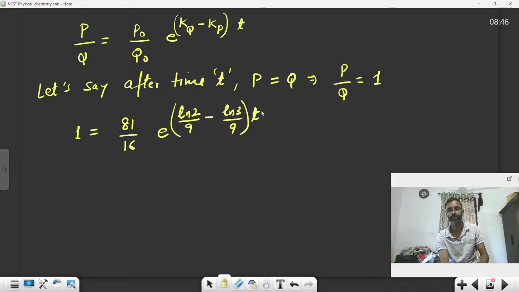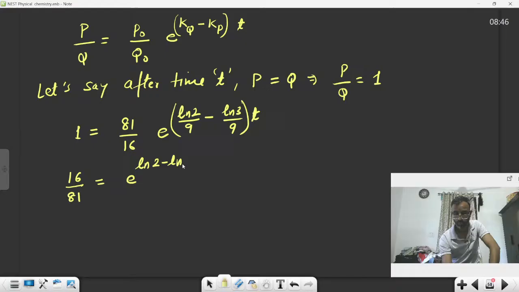So it becomes 16 by 81 is equal to e raised to power natural log of 2 minus natural log of 3 into t by 9. ये वैल्यू आ गई.